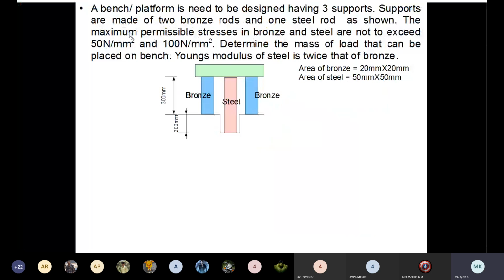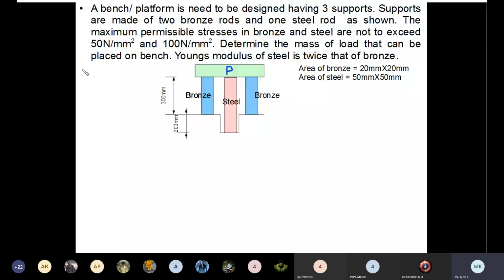So what exactly you have to find out here? You have to find out what is the maximum value of P that can be placed on this platform.